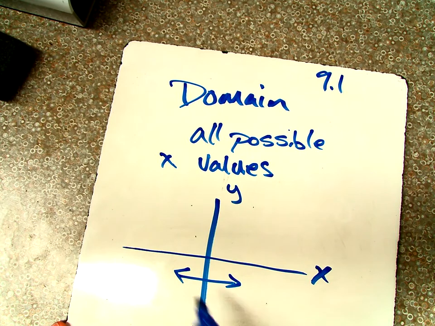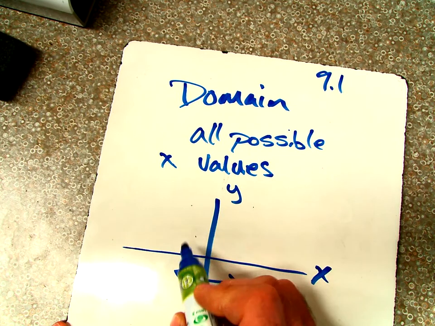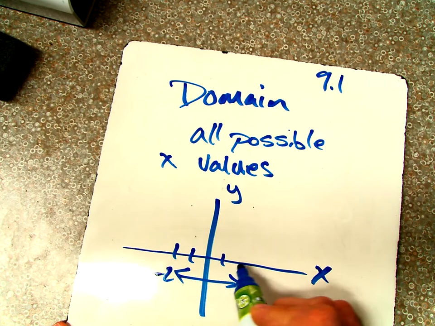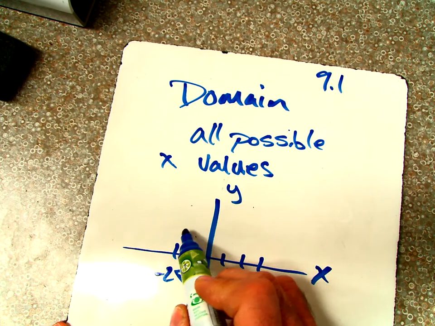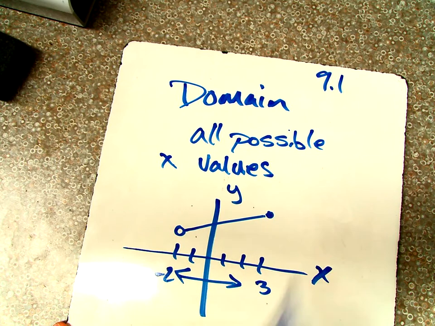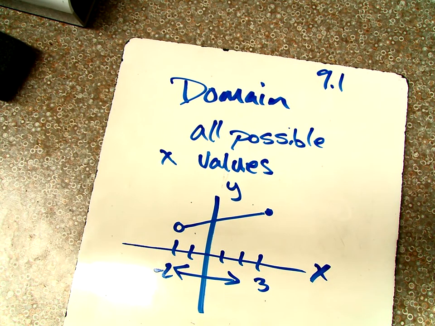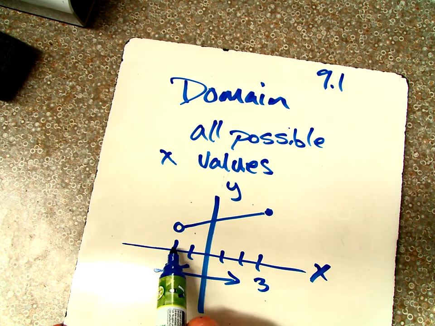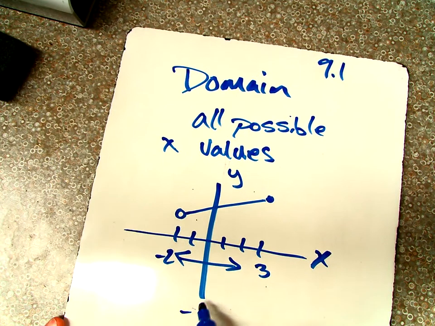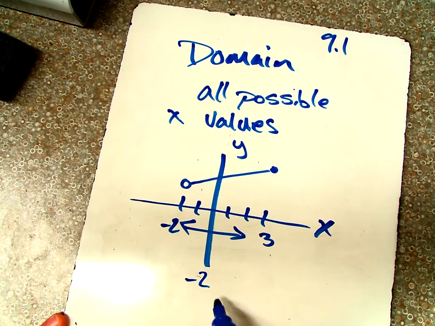Okay, so if we have a function that looks like this, let's say this is -2, and this goes to 3. We don't care how far up or how far down this function goes. It doesn't matter. All we want is the x values. It starts at -2, but not including. So you would write that as -2 to 3 for the x values.